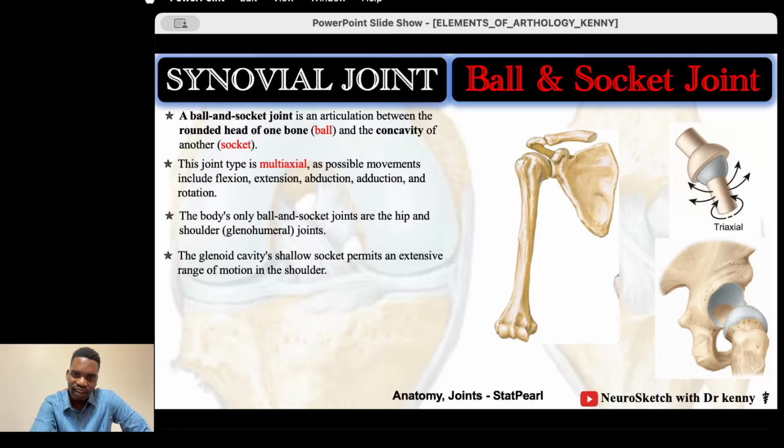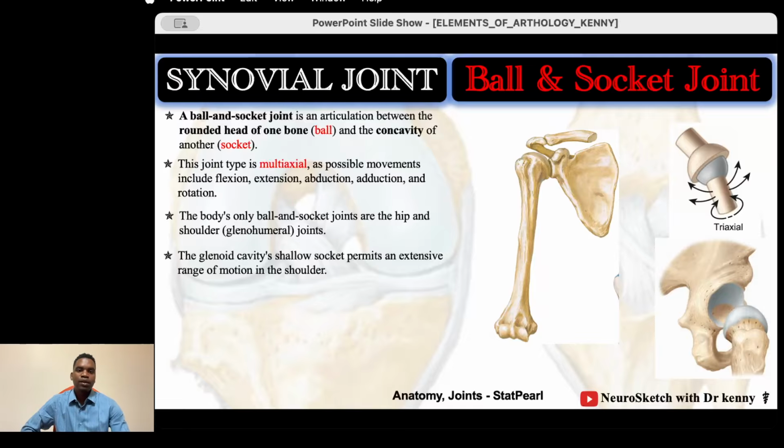So you see, we said we have a head and then we have a socket. But in the shoulder joint, the socket is very shallow. Which means that this head can most of the time dislocate, can slide from the cavity, and it is one of the reasons why the shoulder joint is very unstable and prone to dislocation.